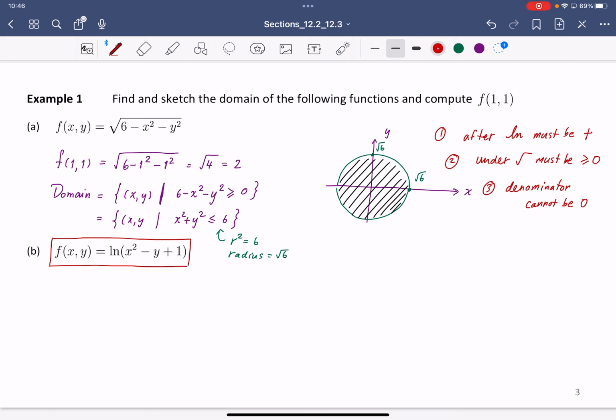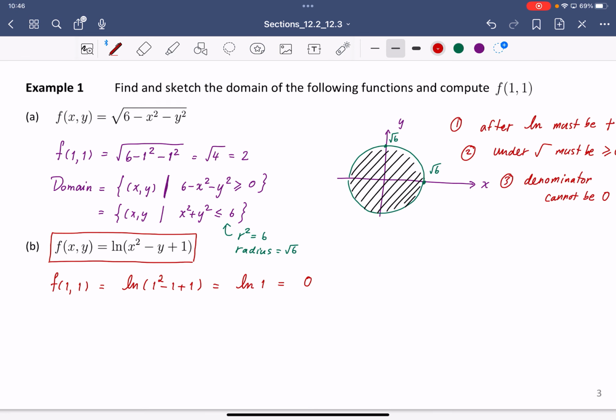You can plug in f(1,1) first. This is log of 1 squared minus 1 plus 1, and this is log 1. E to the 0 is 1, so log 1 is equal to 0.